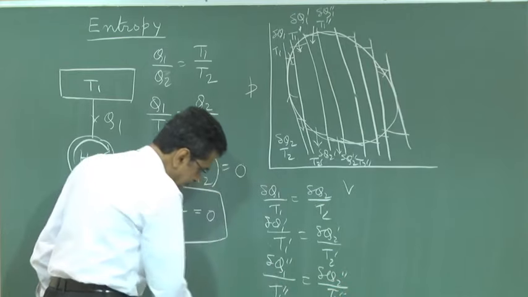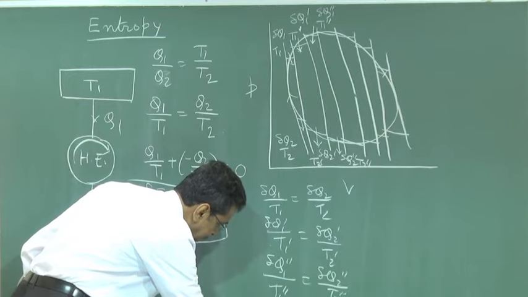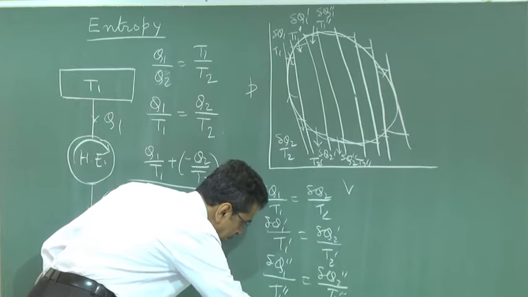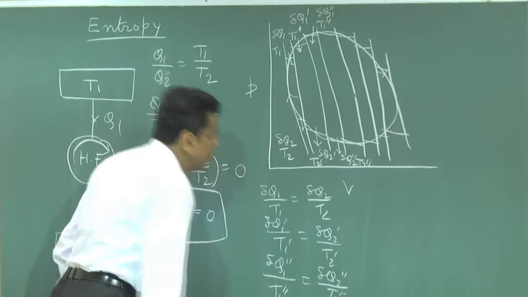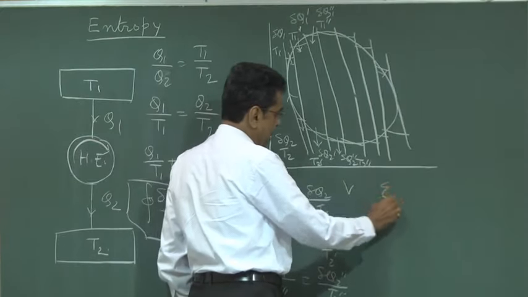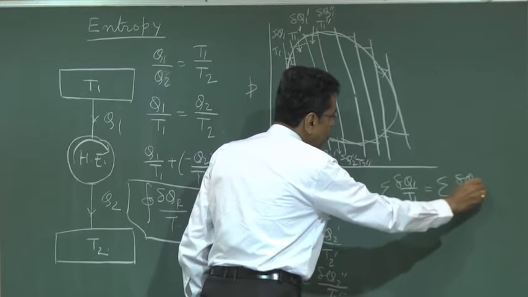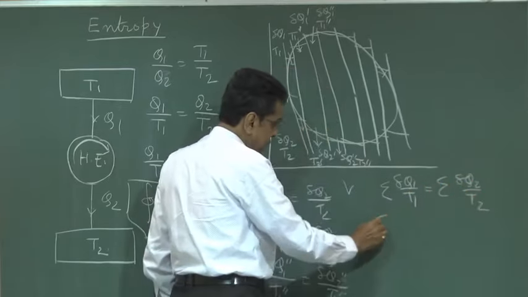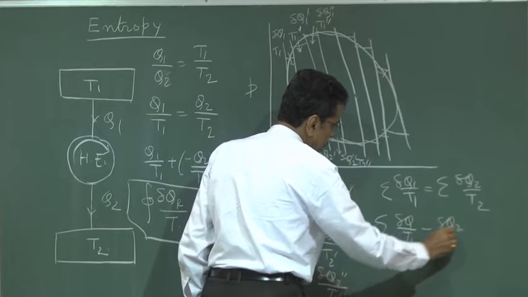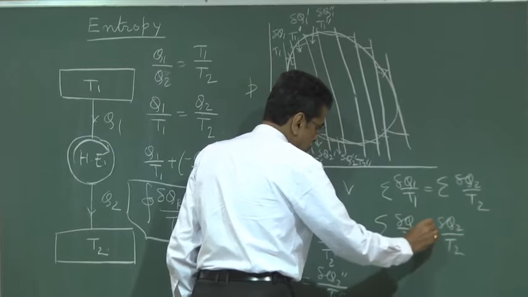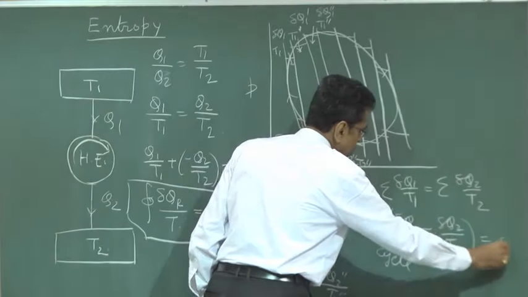So if we add these, we get sigma delta Q1 by T1 is equal to sigma delta Q2 by T2, which means sigma of delta Q1 by T1 minus delta Q2 by T2 over a cycle is equal to 0.